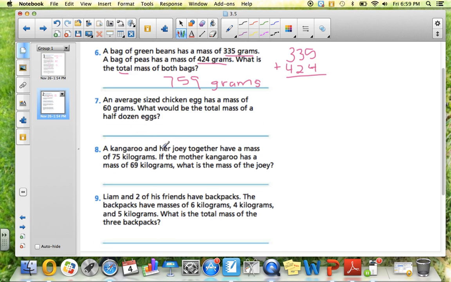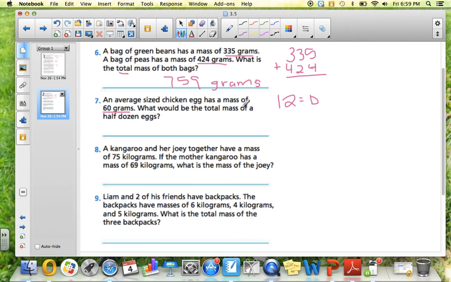Okay, number 7, an average sized chicken egg has a mass of 60 grams. What would be the total mass of a half dozen eggs? So let's remember, a dozen equals 12, D for a dozen.